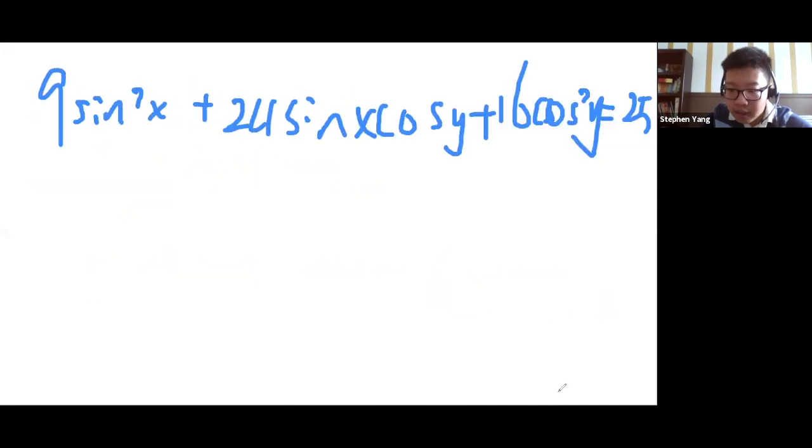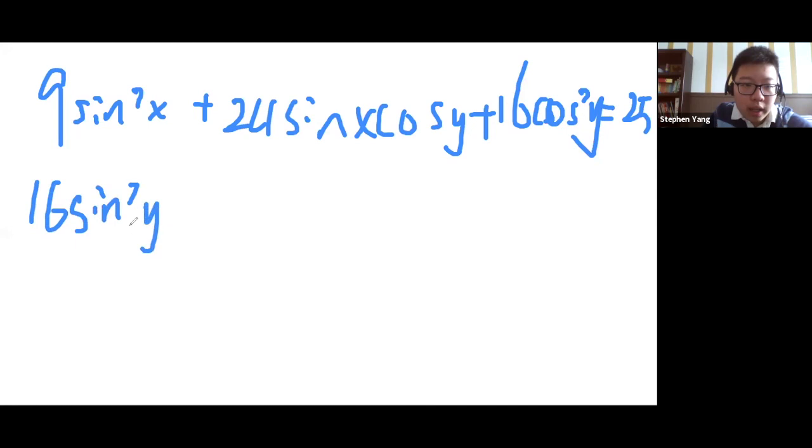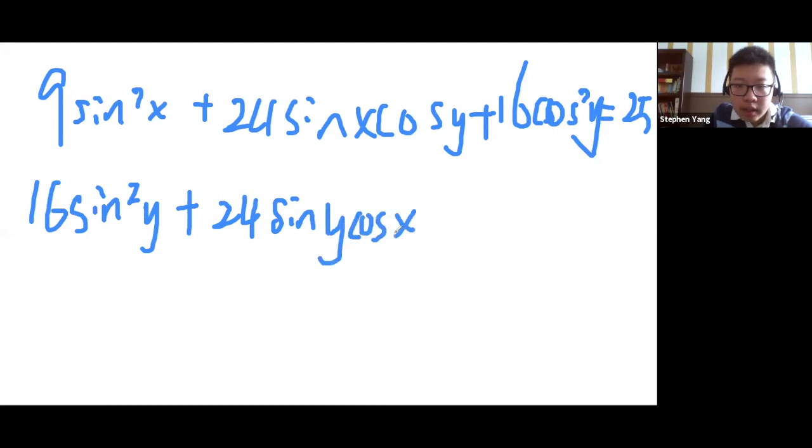And squaring the second equation, that'll be 16 sine squared y plus 24 sine y cosine x plus 9 cosine squared x is equal to 4.